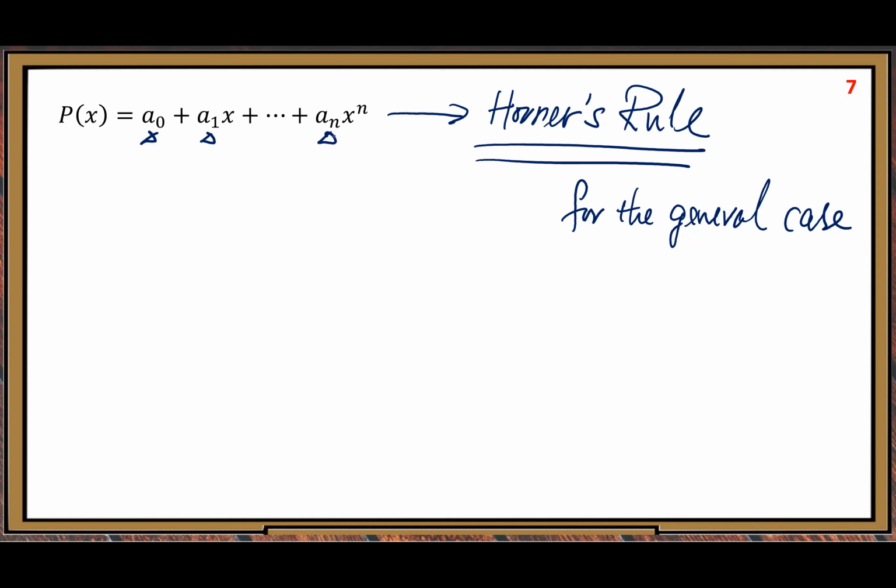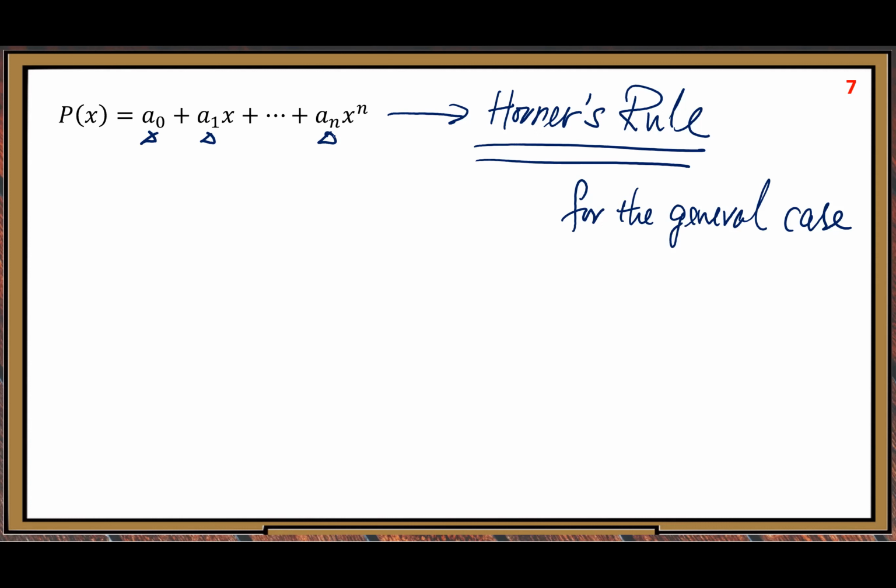Very general. We do not require A0, A1 through AN to follow any special pattern. We do not require any pattern. You can apply Horner's rule.